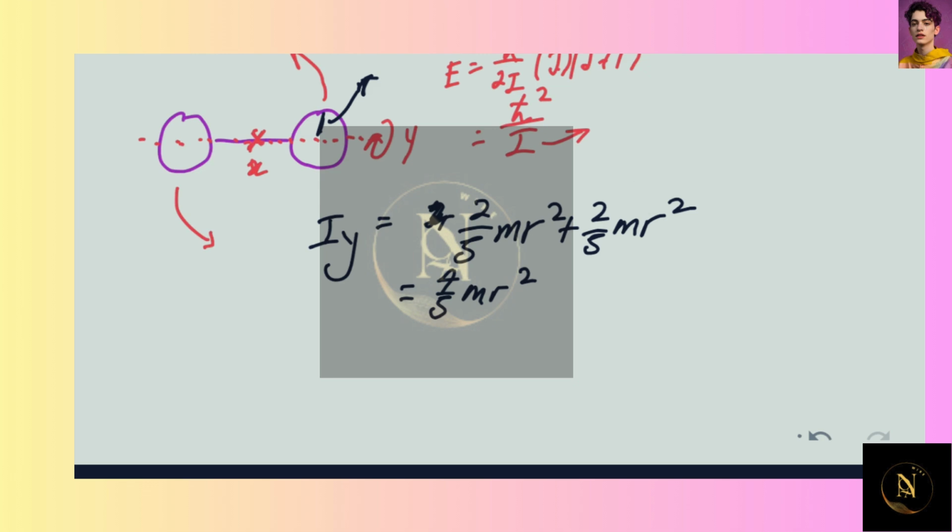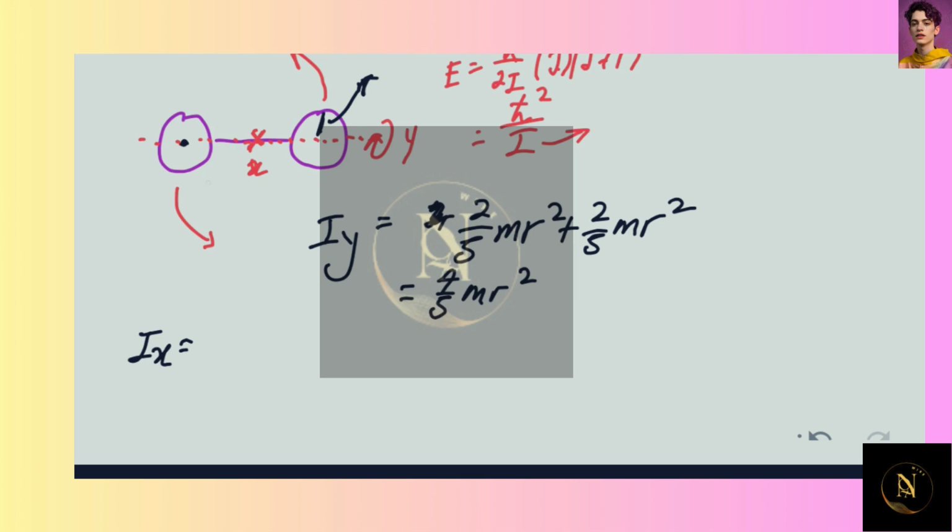On the other hand, for the rotation about the x-axis, we're looking at rotation about another axis. So the sphere doesn't rotate itself, but the entire center of mass rotates. For this center of mass to rotate, we treat it like a point mass.